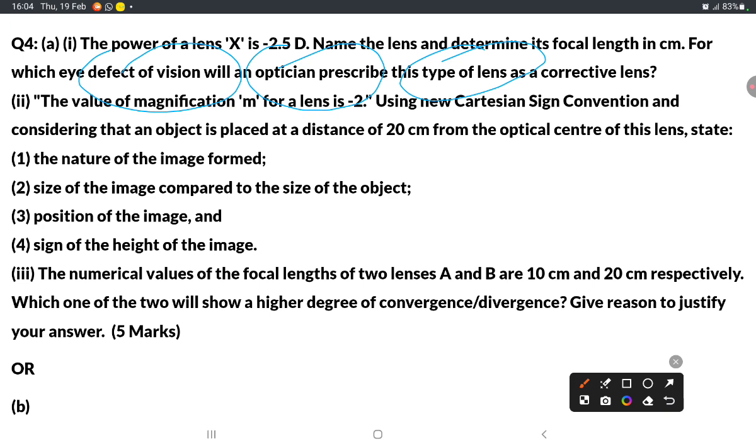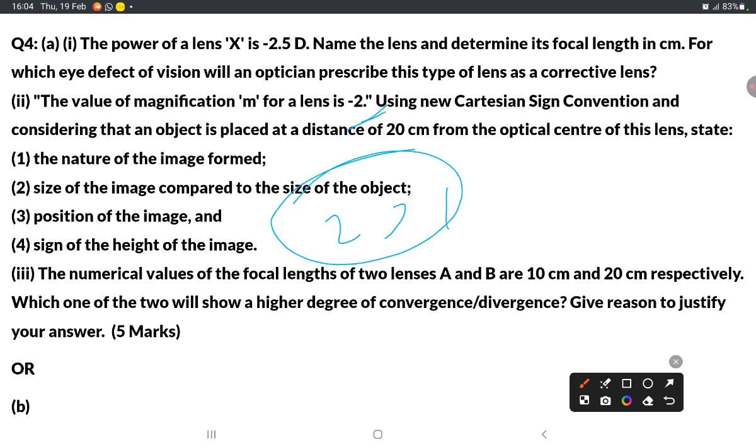Next one, second case, the value of magnification m is -2, right? -2 means, clear, 2 is given, which is greater than 1, right? 2 is greater than 1, that is the image formed is larger than the object size, that is enlarged.